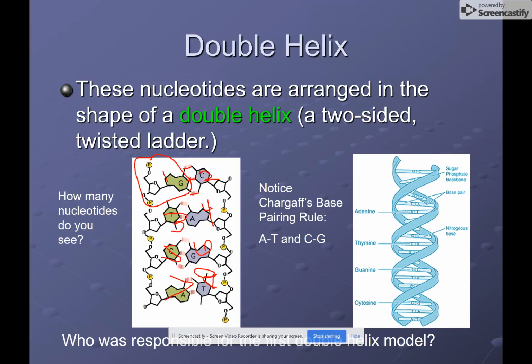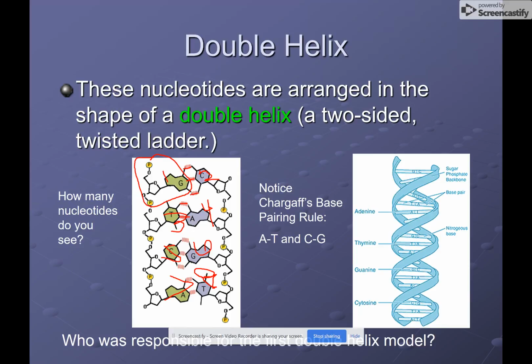It makes it a little bit stronger than the two bonds that exist between adenine and thymine. And so a question that usually pops up on a quiz is which bases are easier to break? The bonds between G and C or A and T? And it's A and T because there are only two bonds that need to be broken.